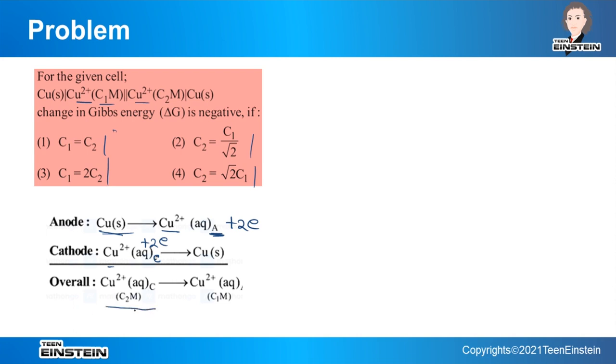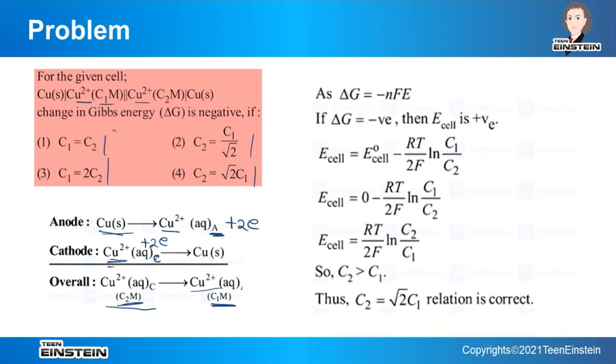We have the Cu2 plus species, which is from the cathode side. The concentration there is C2 molar, and on the right hand side we have that Cu2 plus ion, which is basically from the anode. That means it has concentration C1 molar. So this is C1, this is C2. Next we will apply this equation.